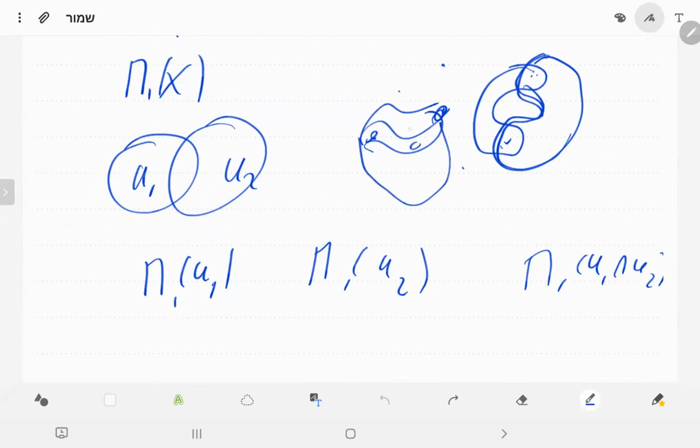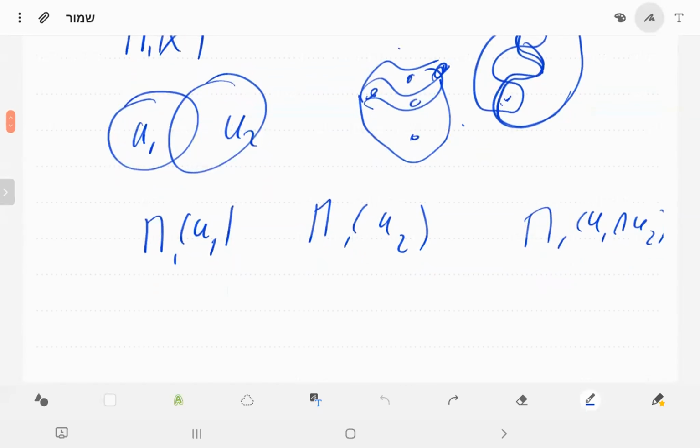If there are holes, then those paths are different, and otherwise they mostly will be the same. So it looks like it has nothing to do with little pi1, because it has many objects. But when you think about it, if X is connected, then there is only one isomorphism class of objects.